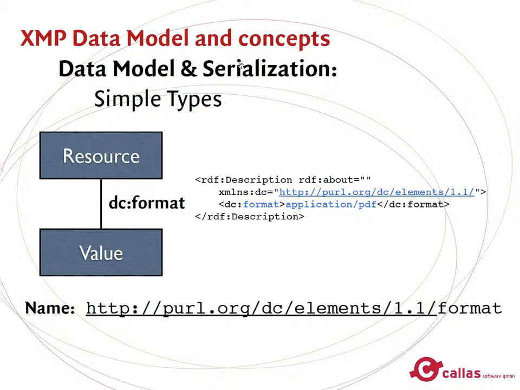So just again, because it's often a problem, as you can see here, the name or the address of this property is the namespace URI together with the property name. They are just concatenated to have a unique address, and if you have no proper termination of the URI, you couldn't imagine what the property name would be.